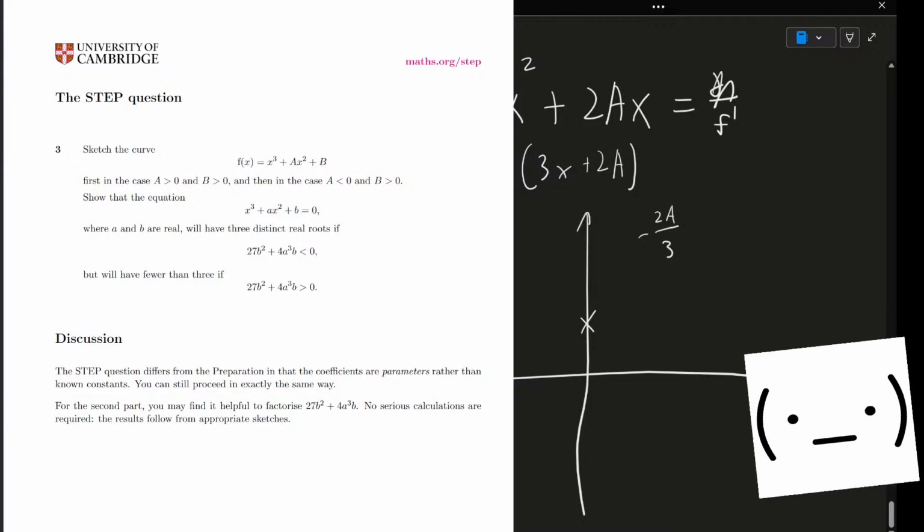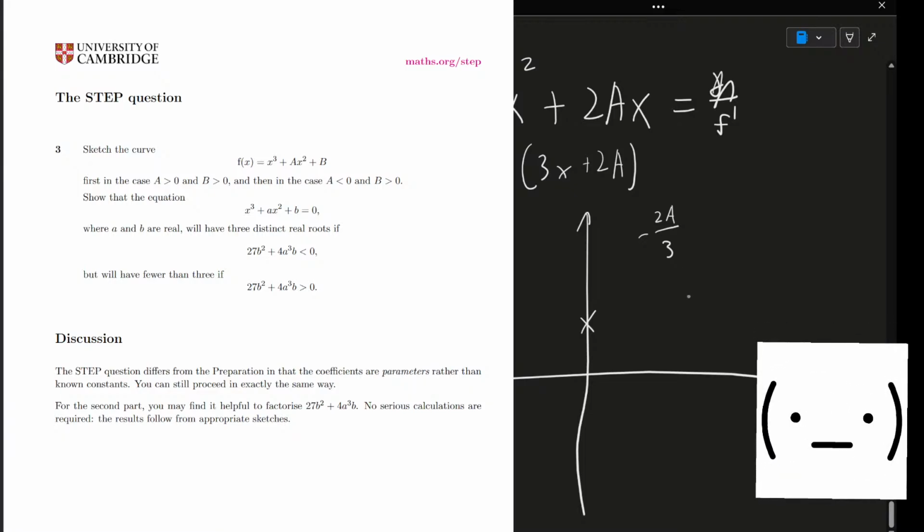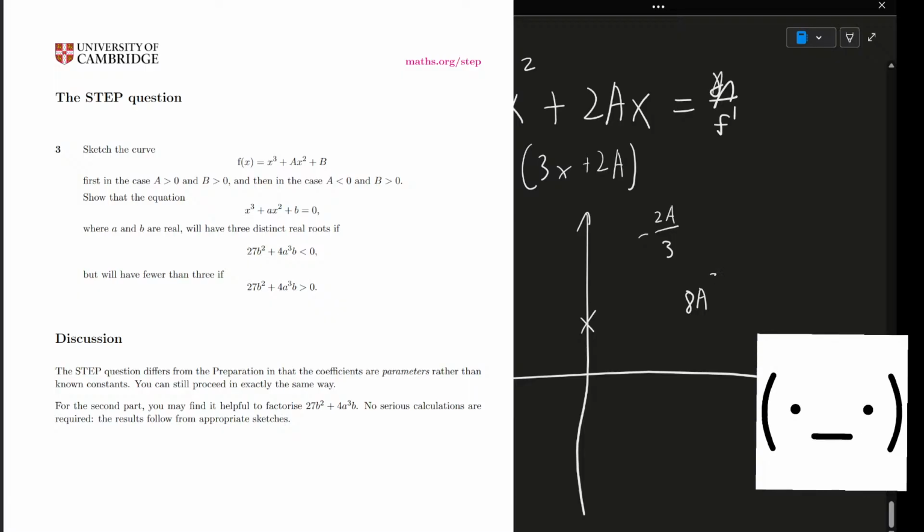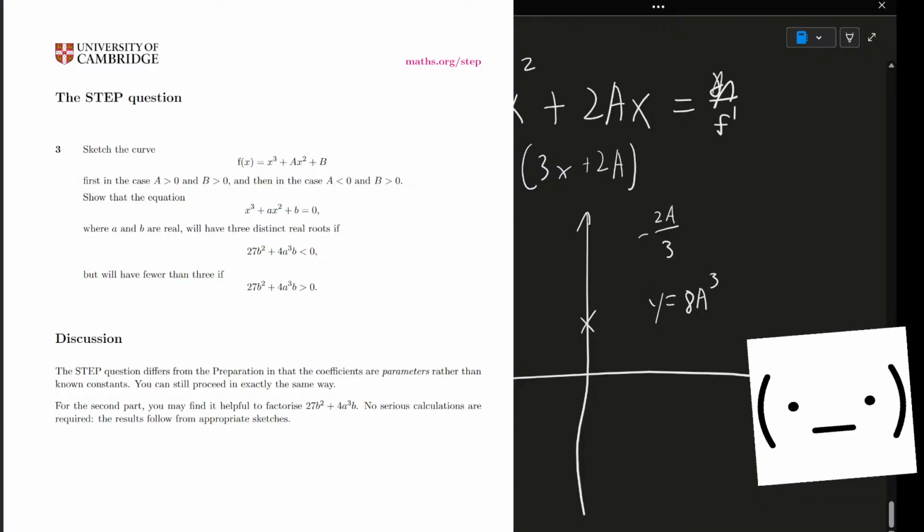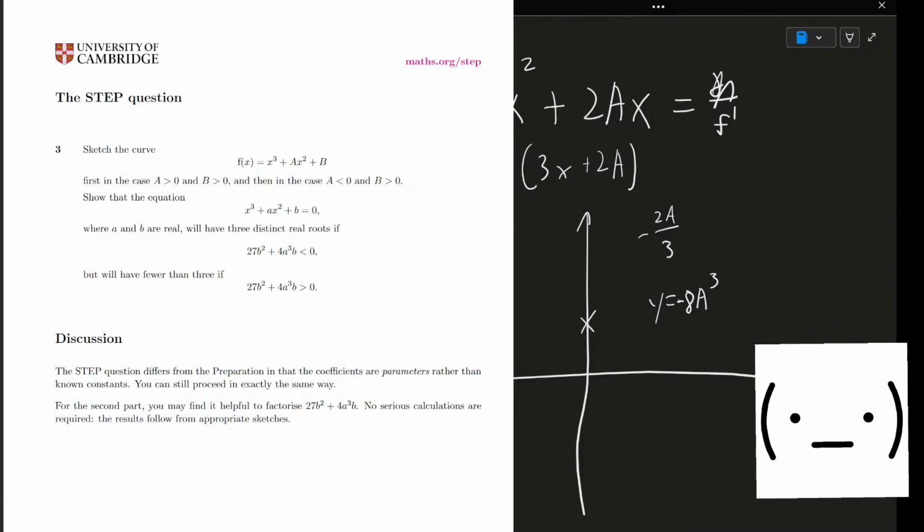You need to plug this in. Y equals this. Negative, of course.